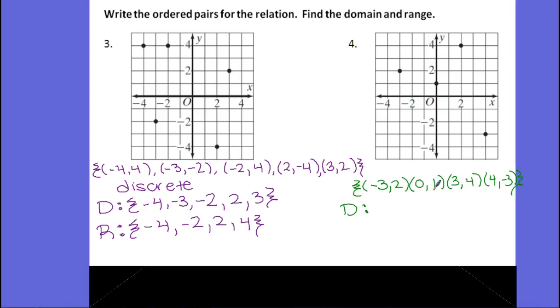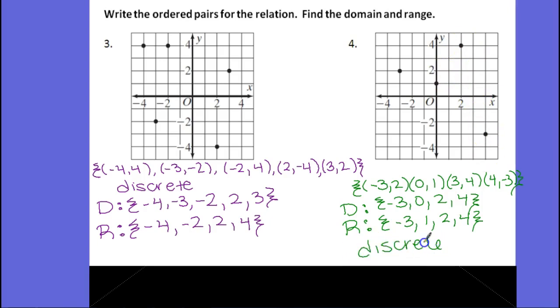Your domain is going to be -3, 0, 2, 4. And your range is going to be -3, 1, 2, 4. Looking at this one, even still, I can't really connect those points, so we would identify it as discrete.